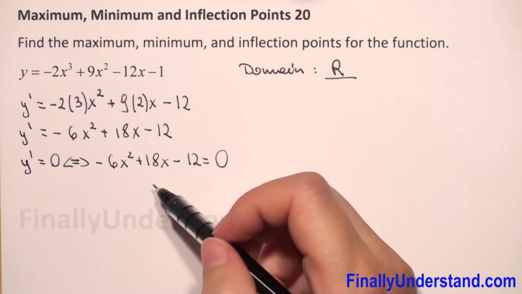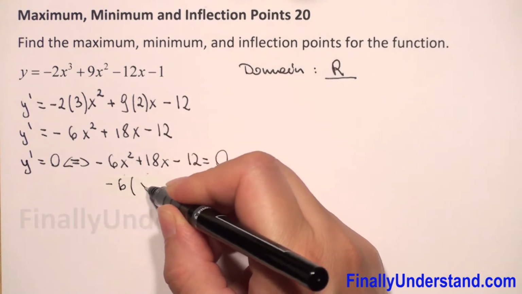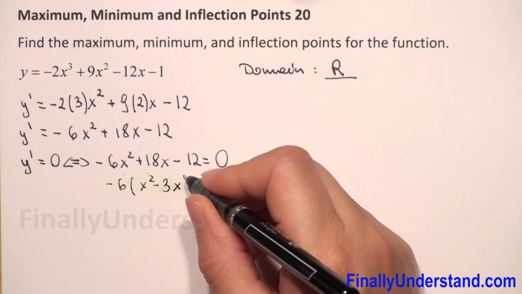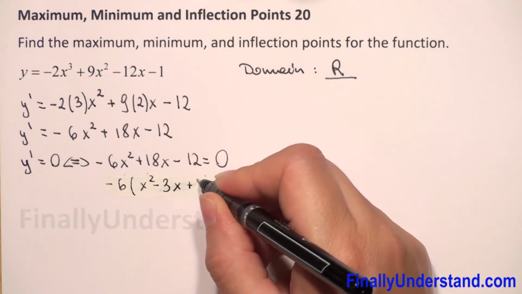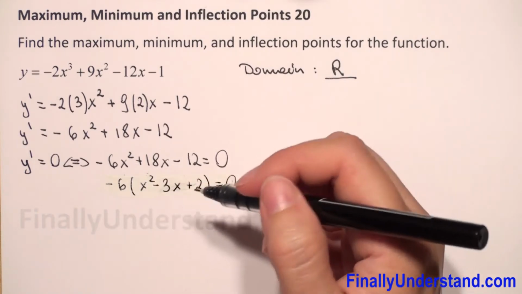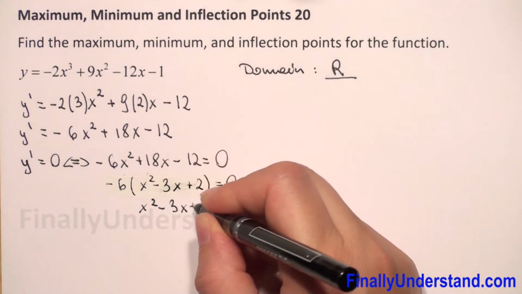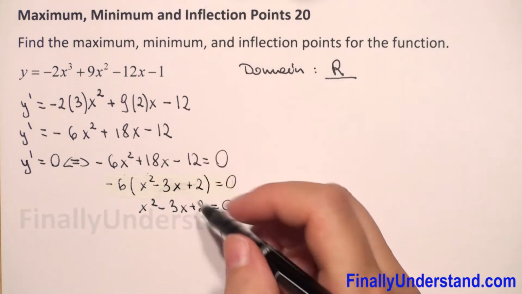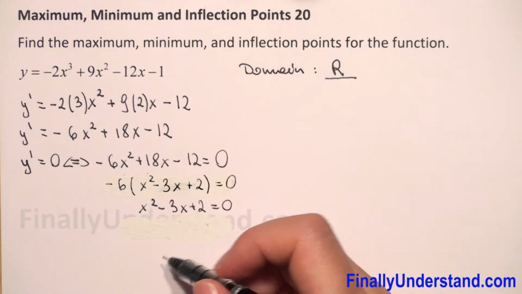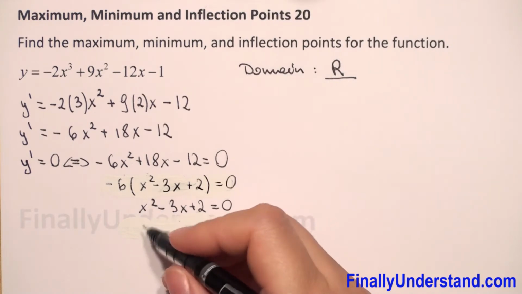First, I will factor out negative 6, so we have in parentheses x squared minus 3x plus 2 equals 0. I divide both sides by negative 6, so we have x squared minus 3x plus 2 equals 0. Now I have to find two numbers which, multiplied by each other, give me 2, and when I add them I will have negative 3.